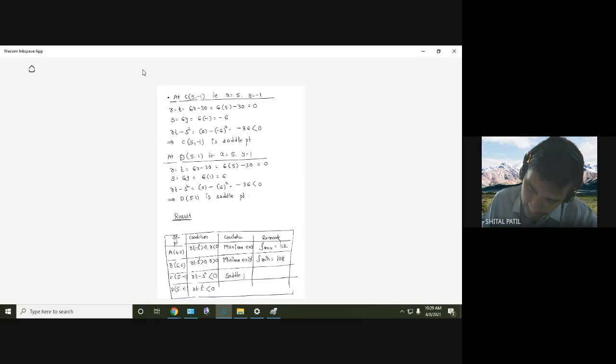Neither maxima nor minima exist, and therefore the point is known as saddle point. This should be the final result. Are you getting it? Understood the whole procedure, what we are doing?